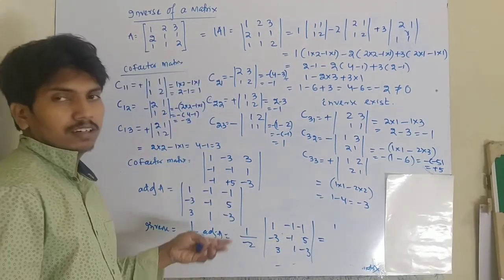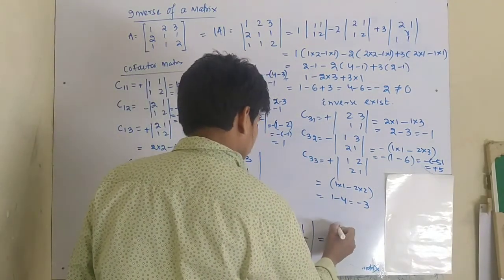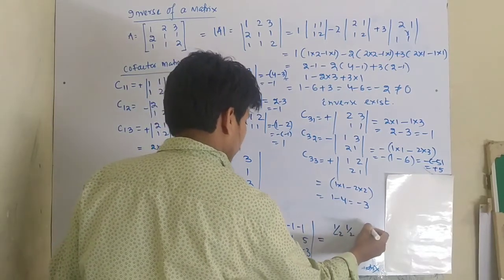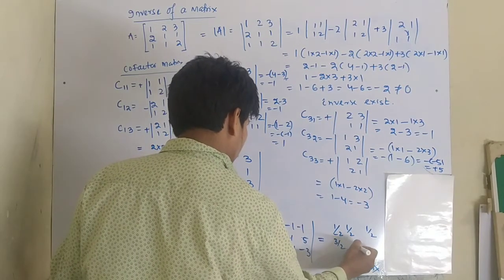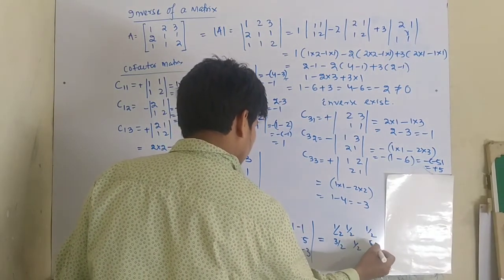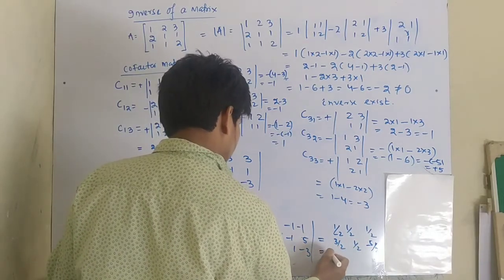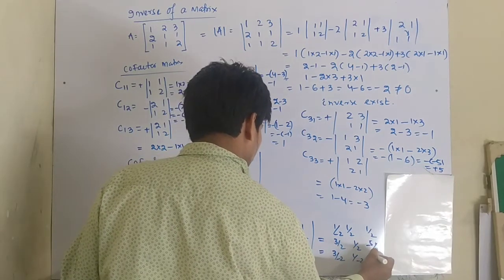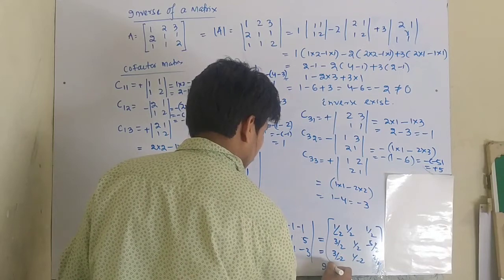You can divide or not divide. The first is 1 by minus 2, this is 1 by 2, this is 1 by 2, this is 3 by 2, this is 1 by 2, this is minus 5 by 2, and this is 3 by minus 2. This is your inverse matrix.